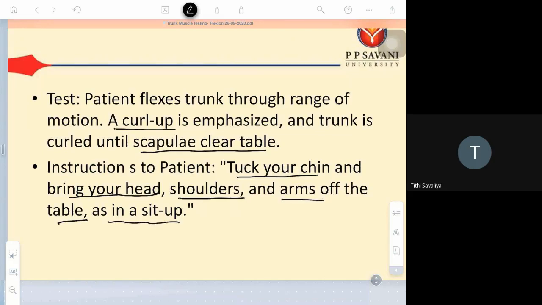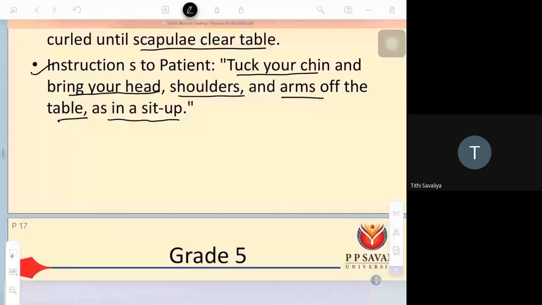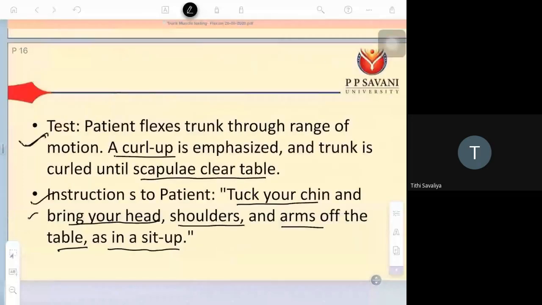So this is the instruction you will give. Now, we will grade it. According to the performance of the patient, you will grade.